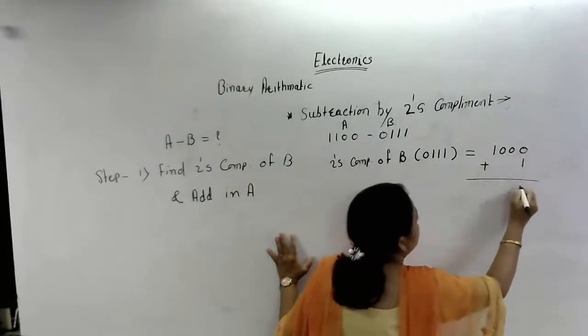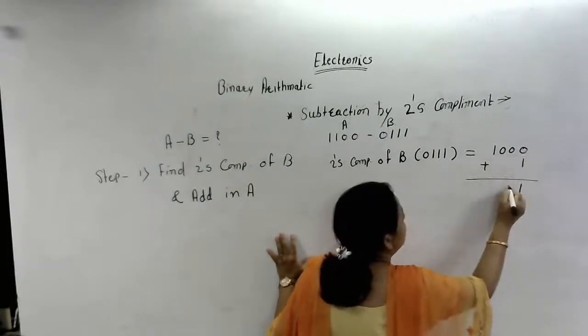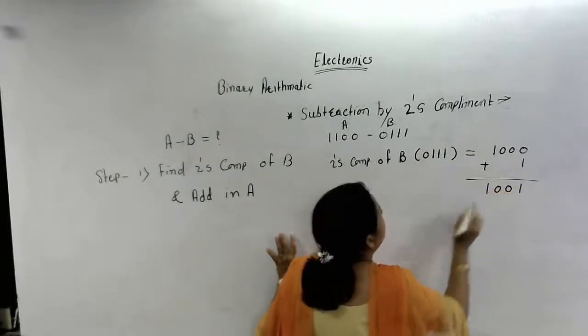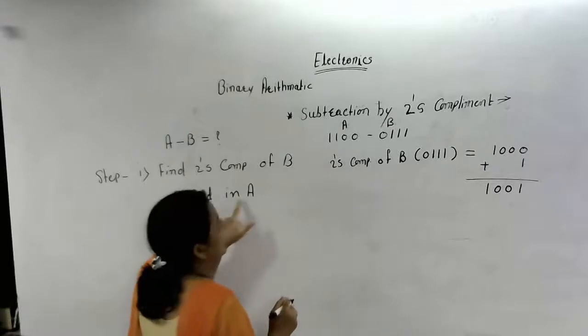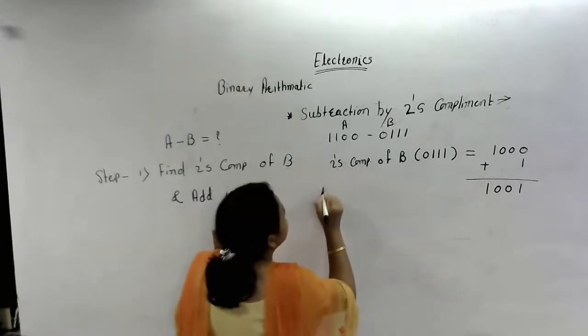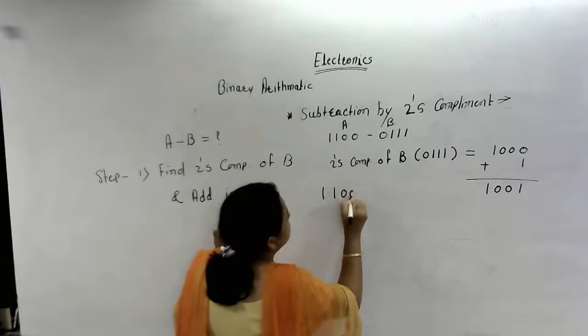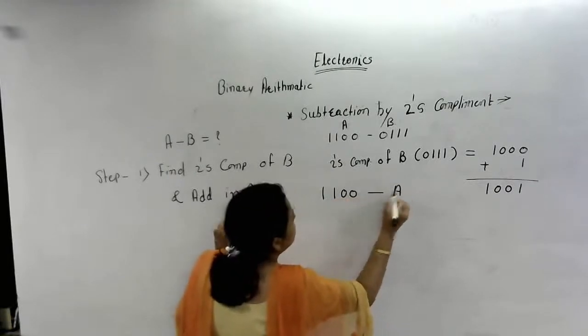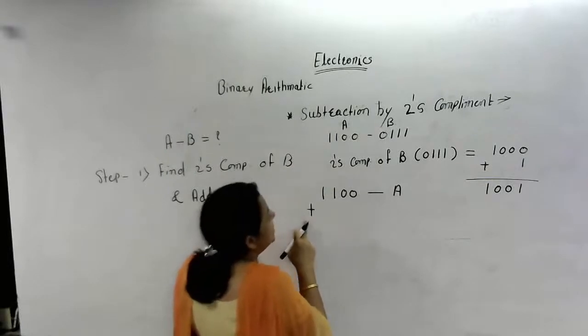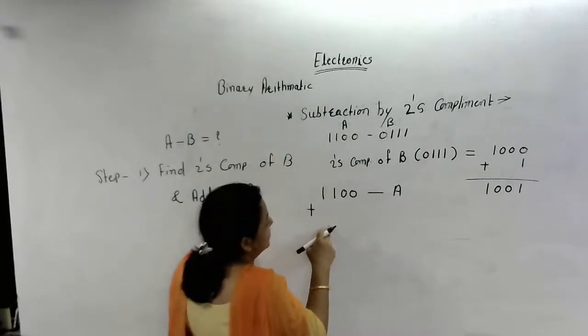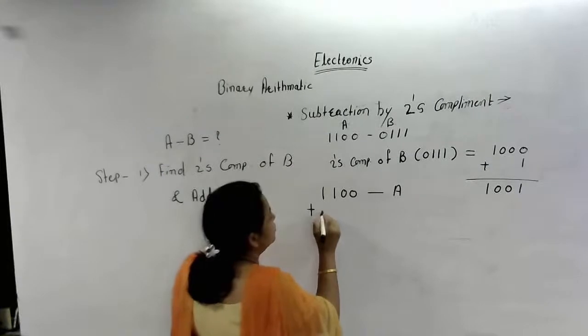So our 2's complement is 0 plus 1 is 1, and all other digits are as they are. And then add in A. What is our A? 1, 1, 0, 0. Here is your A, and add. The minus sign is replaced by a plus sign, if you replace the second number, the subtrahend, by its 2's complement.